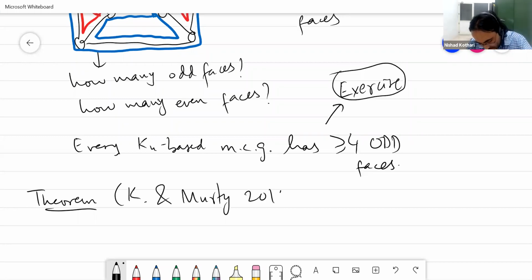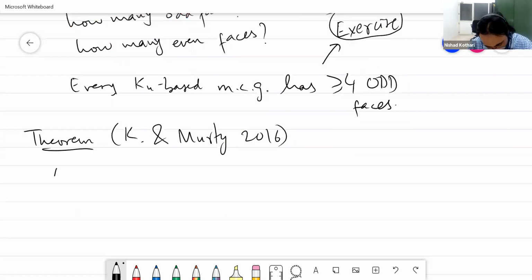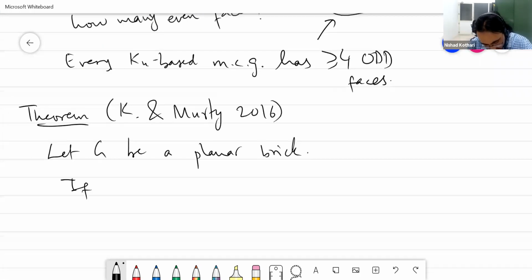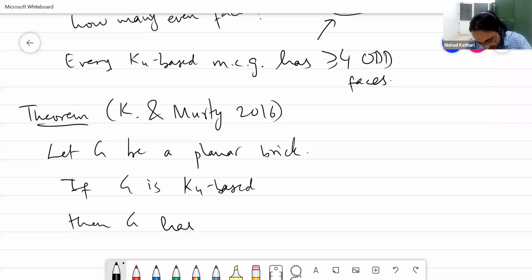And I'm almost done actually. Let G be a planar brick. What we discussed is that if G is K4 based, then G has at least 4 odd faces.